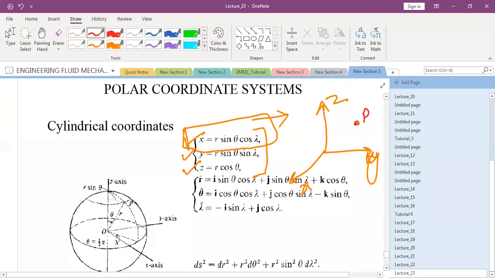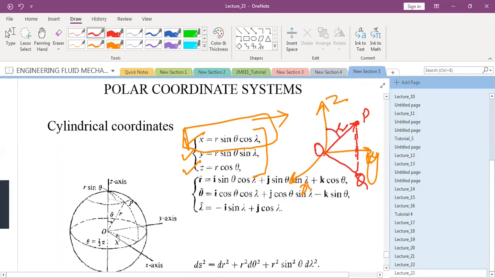What is the first step? This vector is called the position vector R. You project it onto the xy plane. Say this is O and this is Q. Then OQ is the projection of OP on the xy plane.